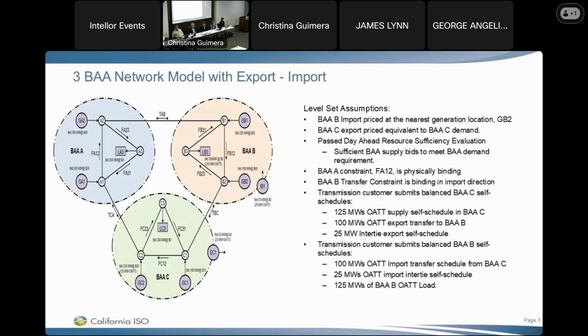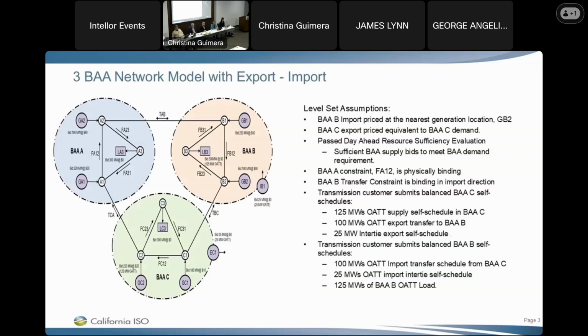In BAC, I have 125 megawatts of supply at GC2. That 100 megawatts of supply is associated with a CRN that is for an export at BAC of 25 megawatts, as well as a transfer between BAC and BAB of 100 megawatts.